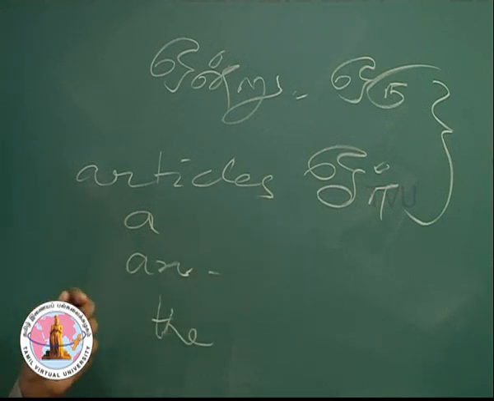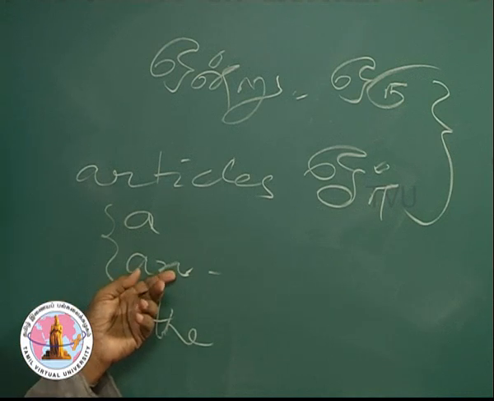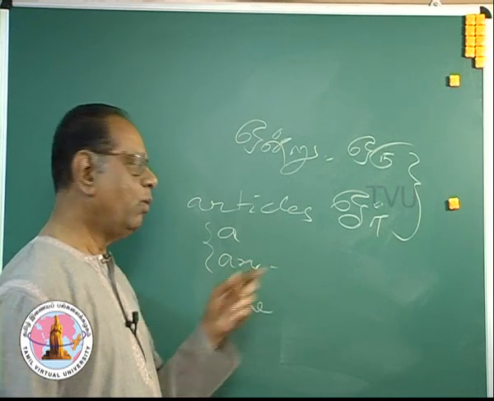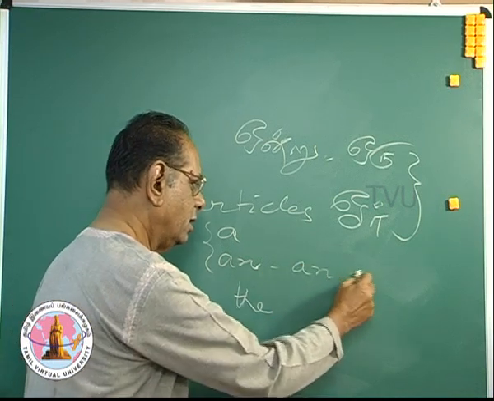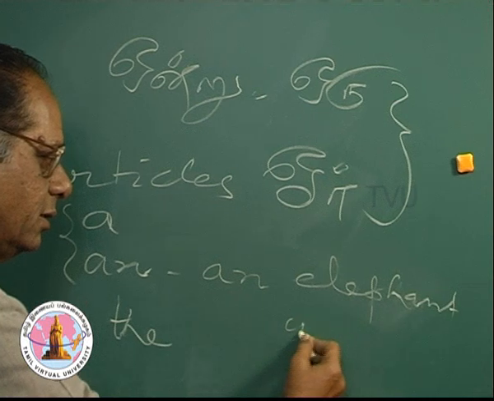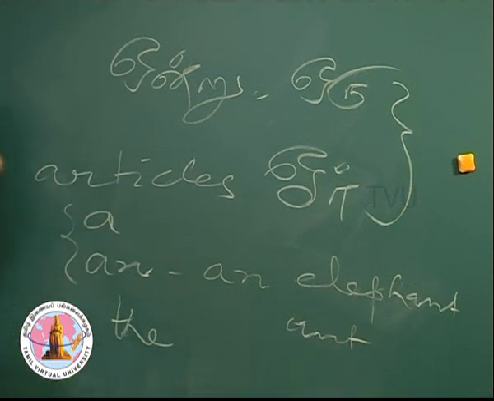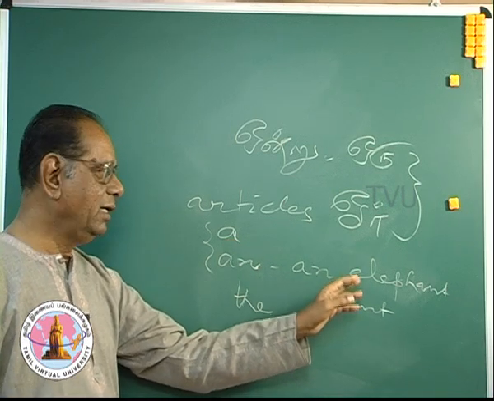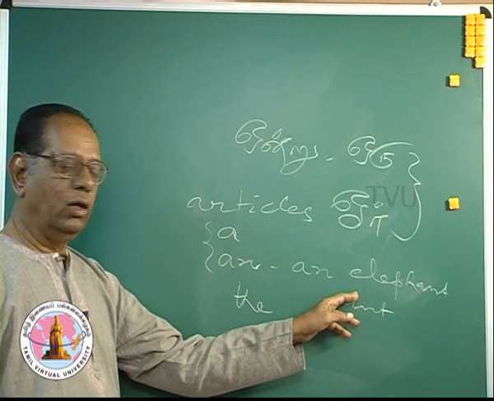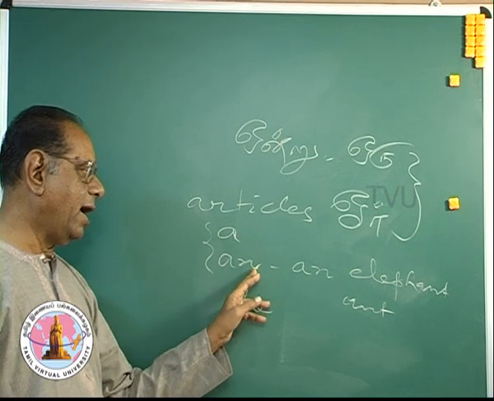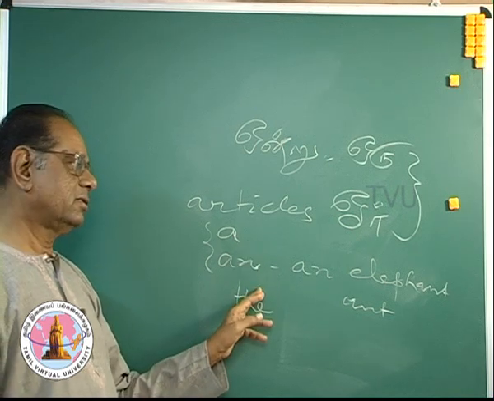This an has the same meaning as a, but it is used only when the following word begins with a vowel, like an elephant or an ant. So, when the following word begins with a vowel, you make use of an instead of a, though both a and an mean the same, they are independent articles.